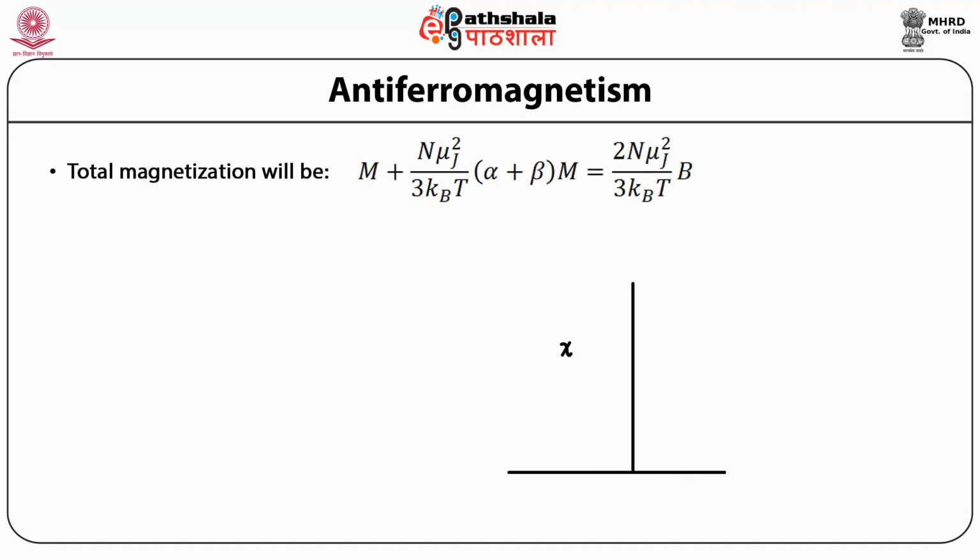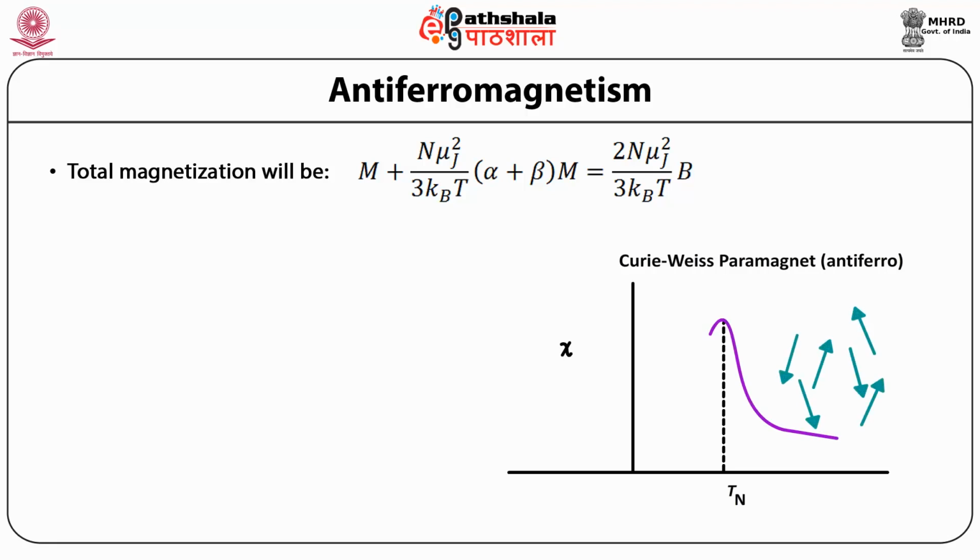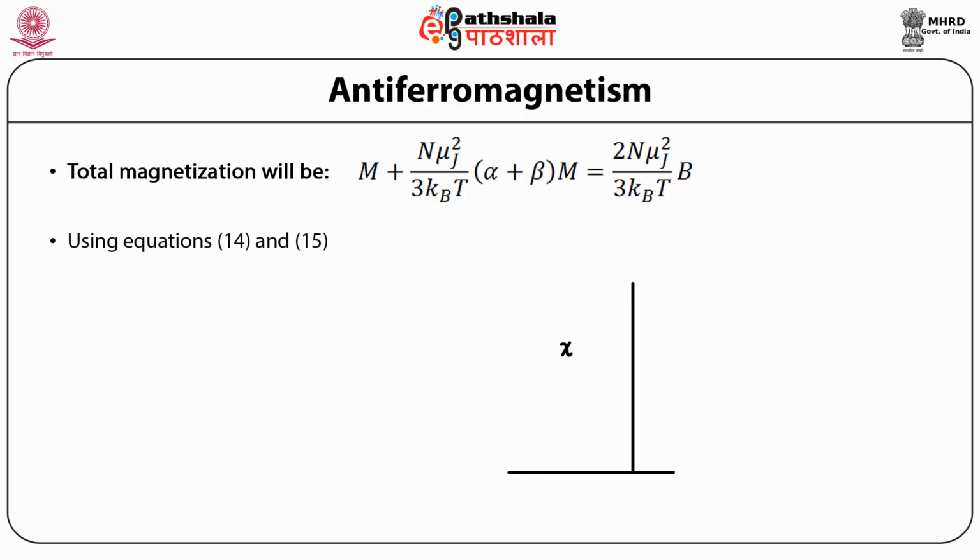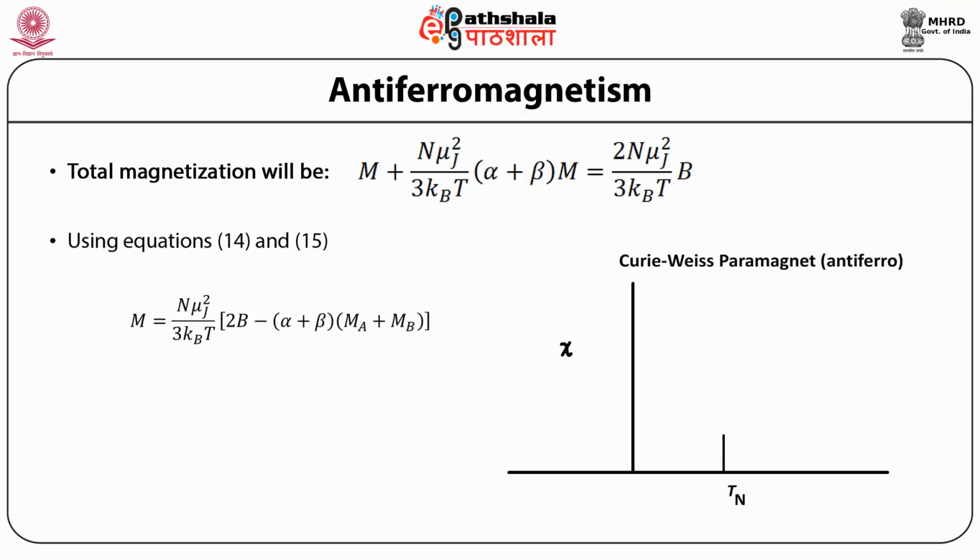The total magnetization M is given as M equal to N μ_J² over 3 k_B T into B_A plus B_B. Using equations 14 and 15, this M comes out to be N μ_J² over 3 k_B T into 2B minus (alpha plus beta) into (M_A plus M_B).